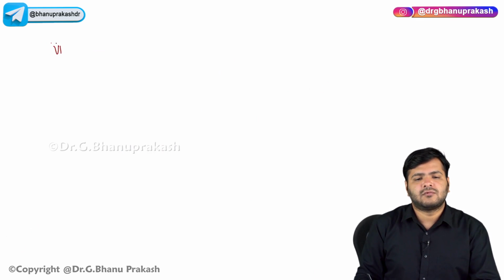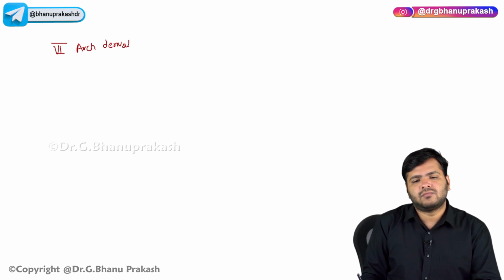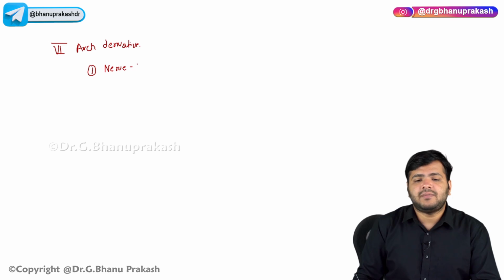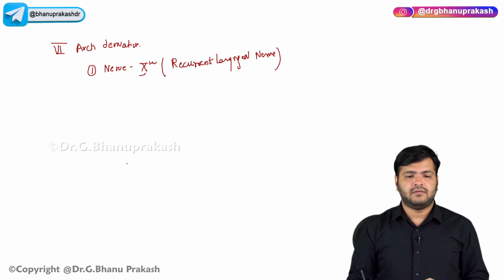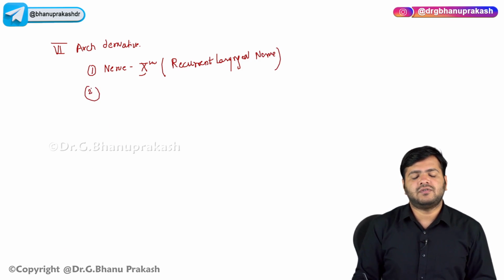Coming on to the last one, the sixth arch derivative. It is supplied by the 10th or vagus nerve, and the branch is the recurrent laryngeal nerve. What muscles will you get over here?